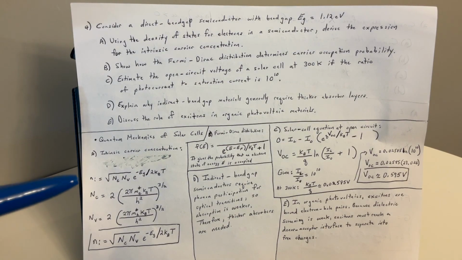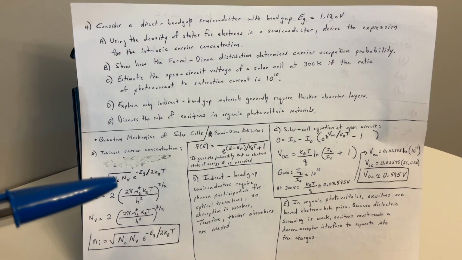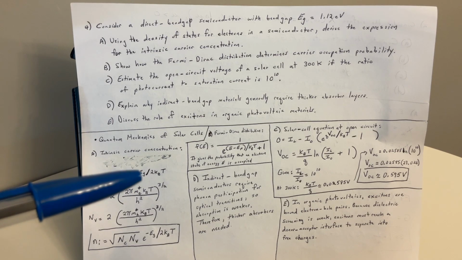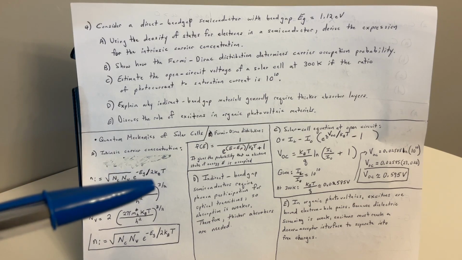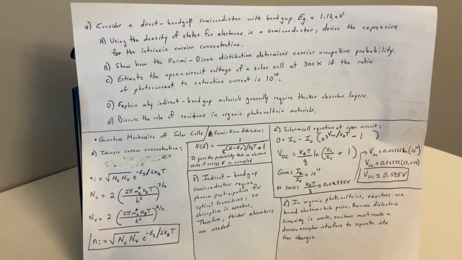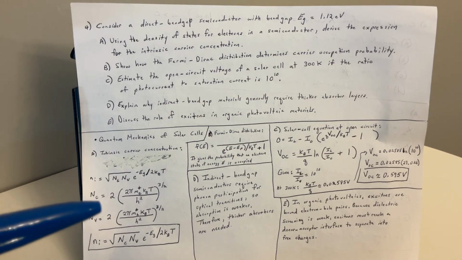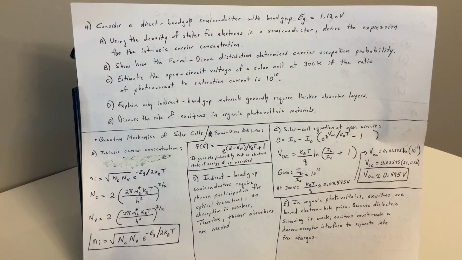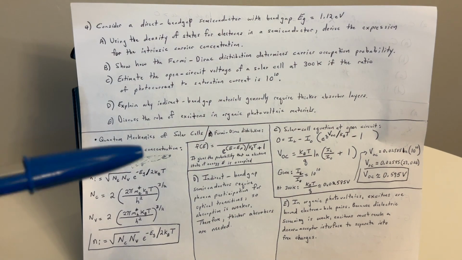We use this. N sub i equals the square root of capital N sub C, capital N sub V, e to the negative E sub g over 2 k sub B T. And N sub C is going to equal 2 times the quantity 2 pi m sub e star, k sub B T over h squared, raised to the 3/2.